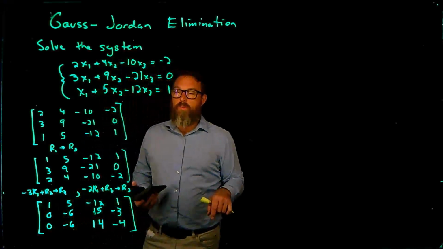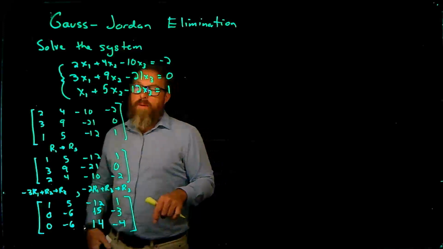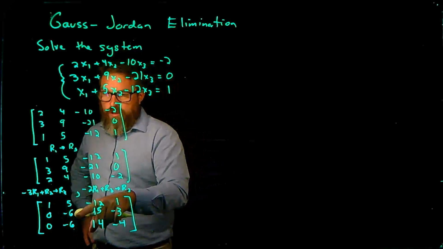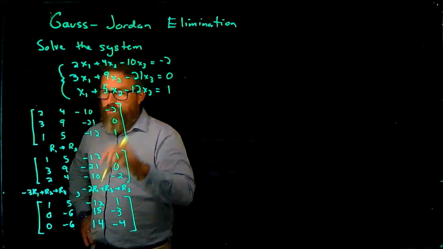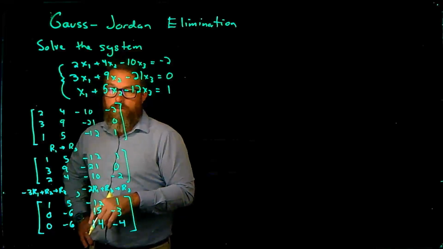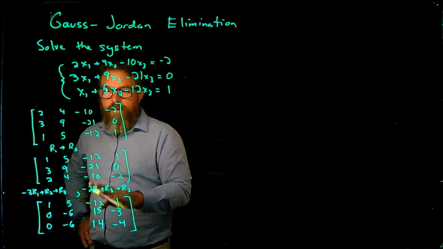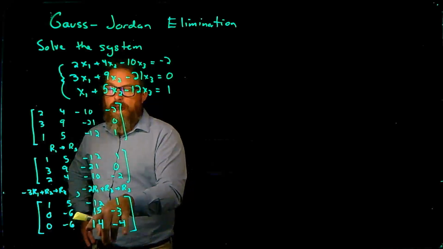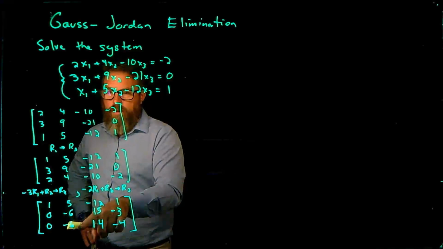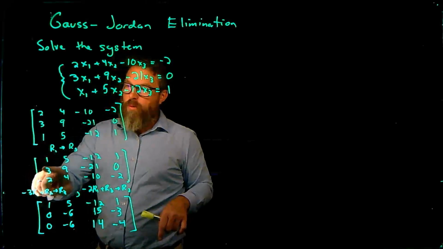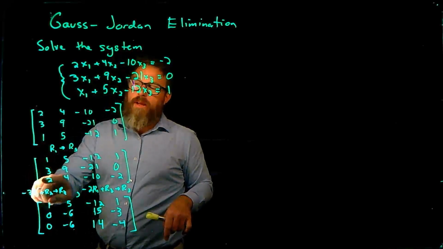Now we're getting close. So now my job is to try to make this a 1. Unfortunately, we're going to introduce fractions, but that's just the way it goes sometimes. Let me explain. We don't actually have to make this a 1. The reason I made the first entry a 1 is because I want these things to eliminate really easily.